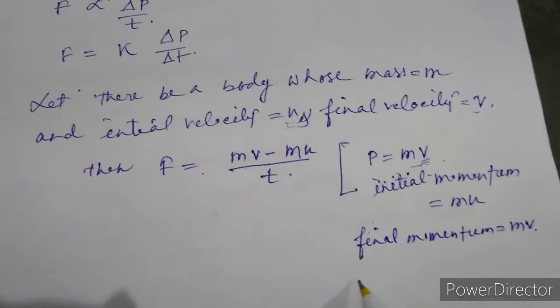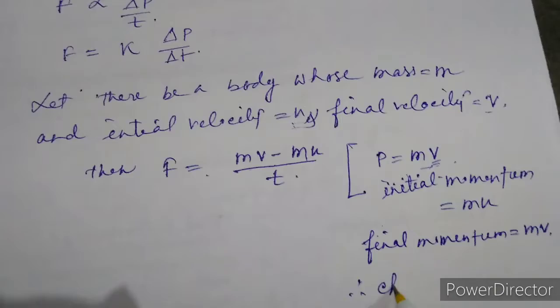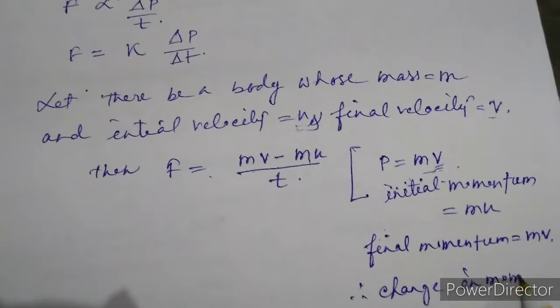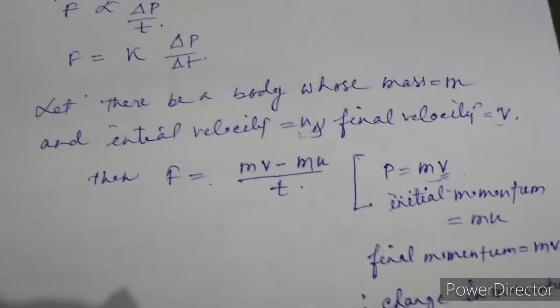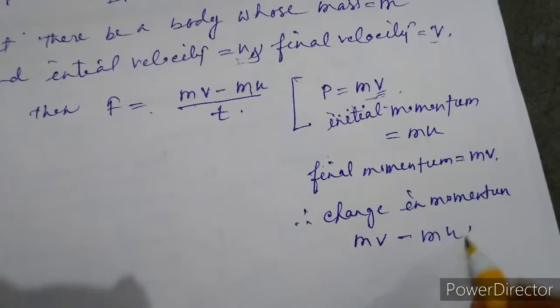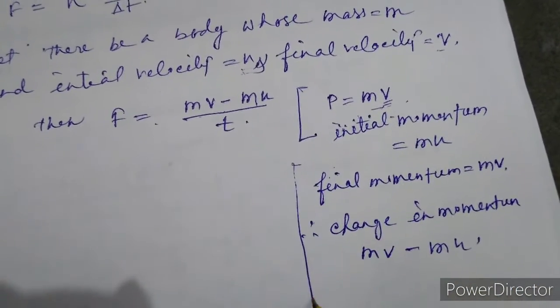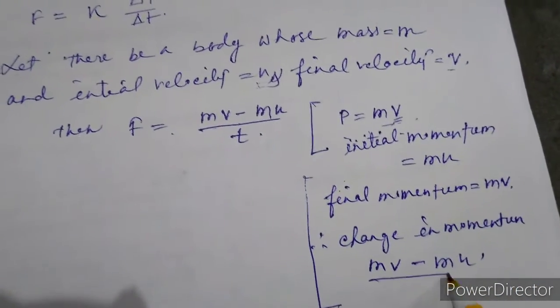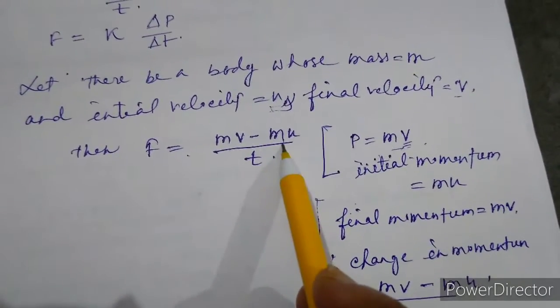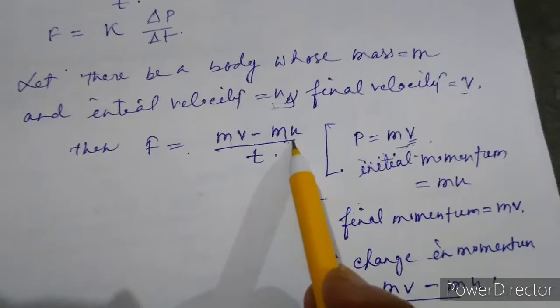Hence the change in momentum will be mv minus mu. Hope you have understood this. So instead of delta p we have written mv minus mu, since delta p means change in momentum.